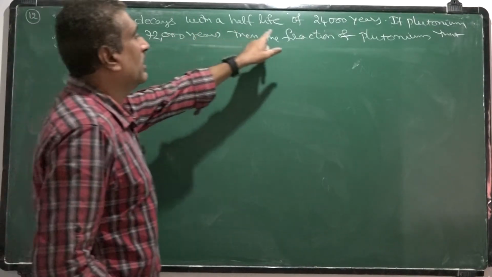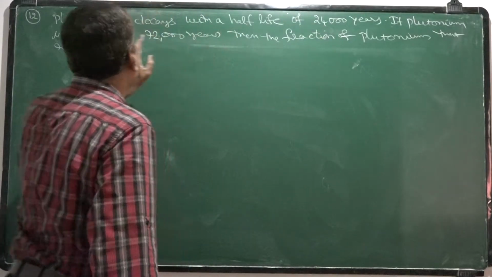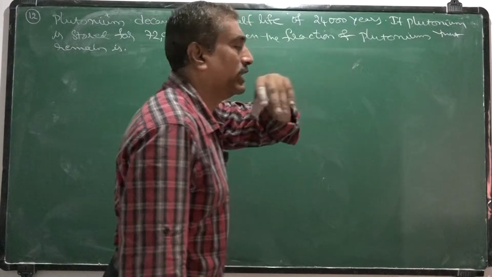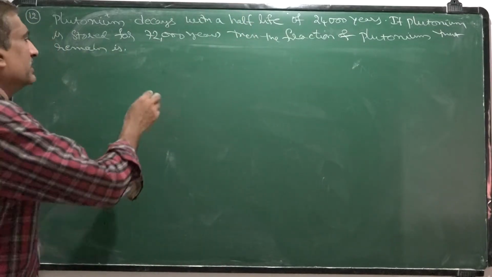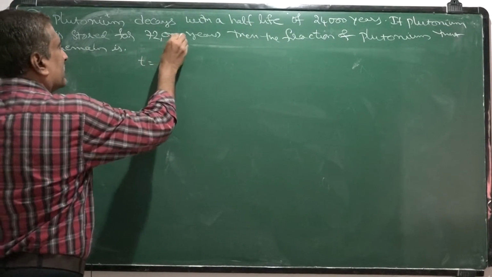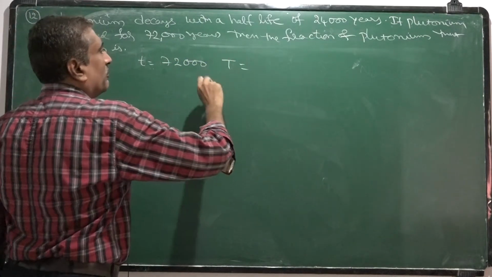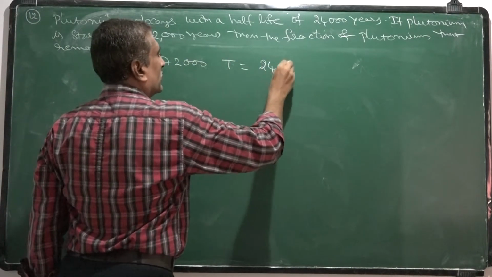Plutonium decays with a half-life of this much. If plutonium is stored for this many years, then what is the fraction of plutonium remaining? So here small t is given as 72,000 years. Capital T, the half-life period, is 24,000 years.